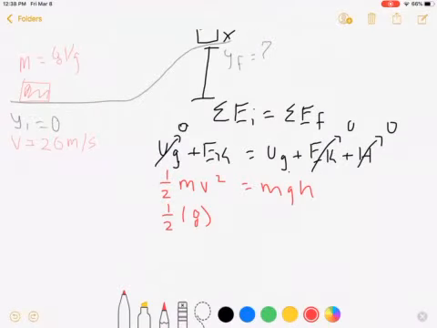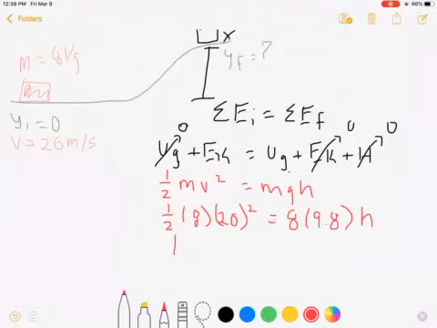Sorry guys, it's difficult on here to write these numbers accurately. So just give me 1 second. There we go. We have our velocity of 20 meters per second squared. That's equal to 8 kilograms times 9.8 meters per second squared times the height of our object.